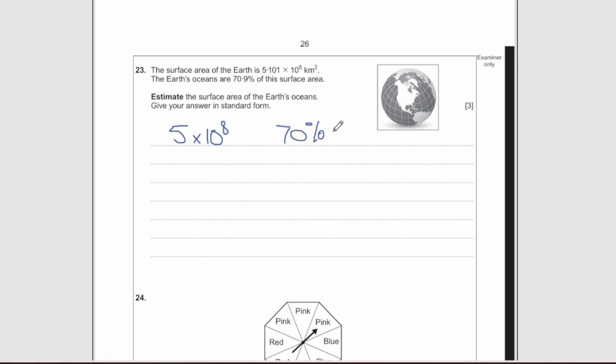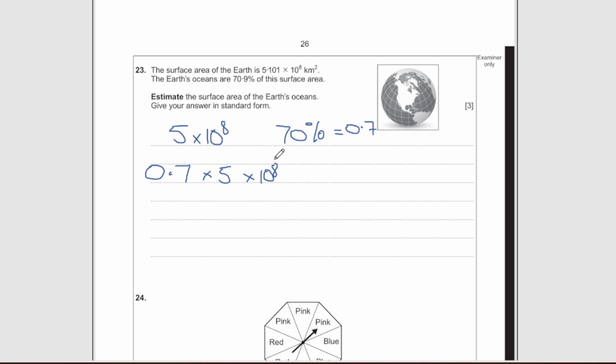We need to convert that to a decimal because we need to multiply it all together. So 70% is 0.7.